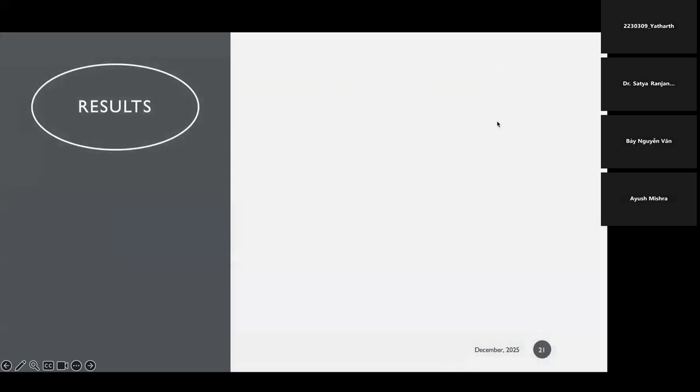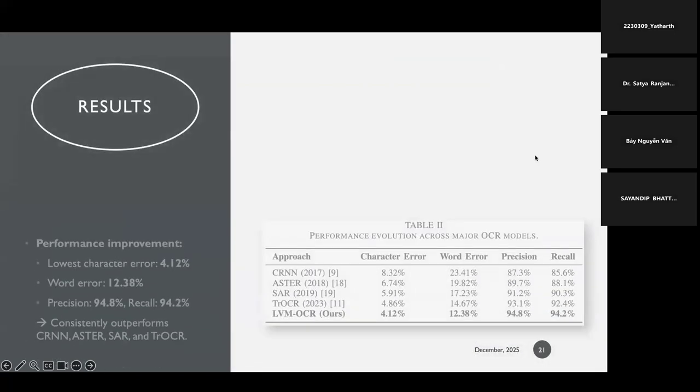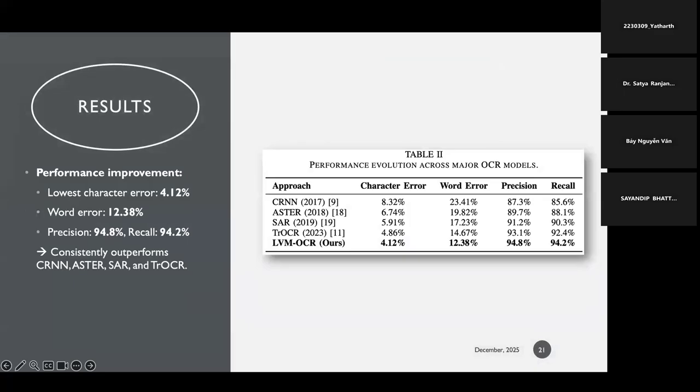Let's talk about the results of our model. This is the moment of truth. We've discussed the architecture and the training. But the real question is, does it actually work better than what we already have, like traditional OCR?